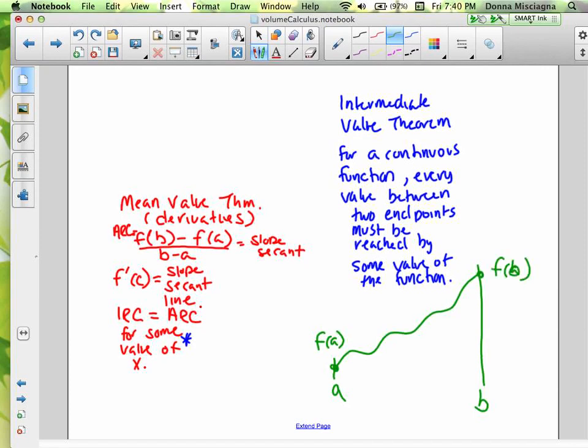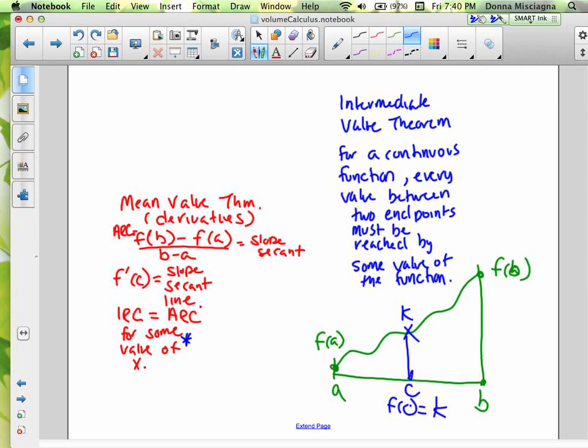So there's some x value between a and b such that y is between f of a and f of b. If I were to find this point right here, there's some x value, let's just call it c, where f of c equals, and we'll just call this k, equals k, right?